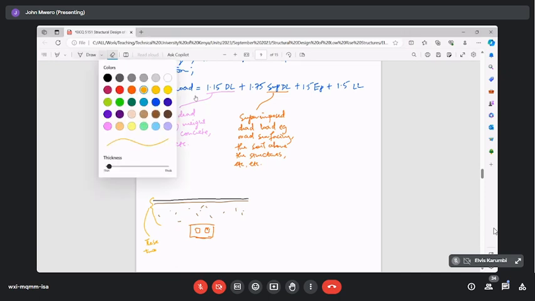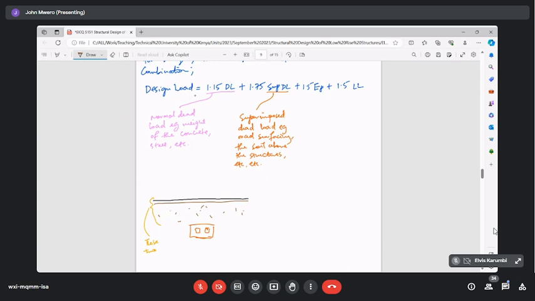The EP refers to the lateral earth pressure that is put onto the structure, due to the retained soils.